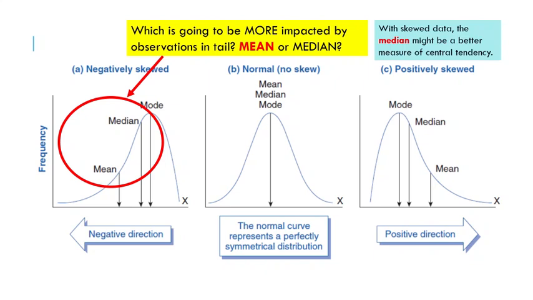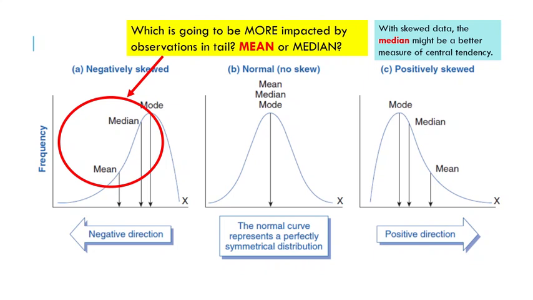So if this is the case, when you have skewed data, the median might be a better measure of central tendency. It might actually be better than the mean. Now, would it make sense to report both? Absolutely. But which one would you rely on more if you were trying to get a measure of central tendency?